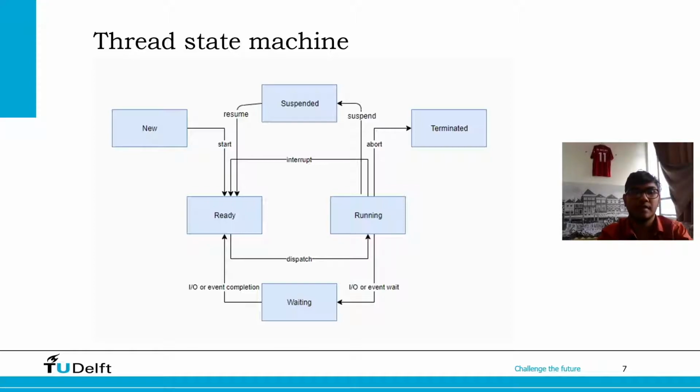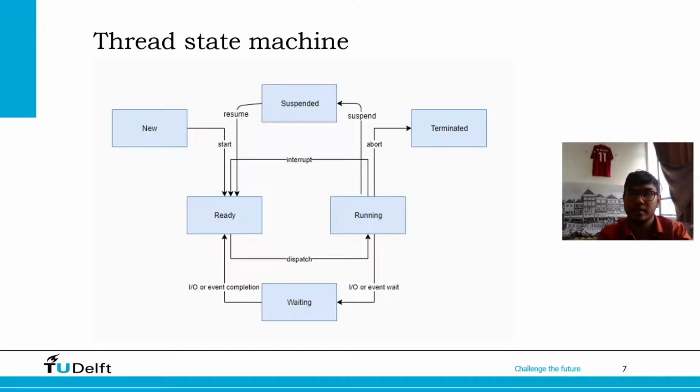As we can see in the picture, we have a state machine for the thread's life cycle. A new thread is said to be in the ready state if there is nothing to prevent it from running, and there could be many reasons for a thread to not start. For example, it is either terminated or suspended, or some other thread hasn't released a semaphore which it wants to acquire.